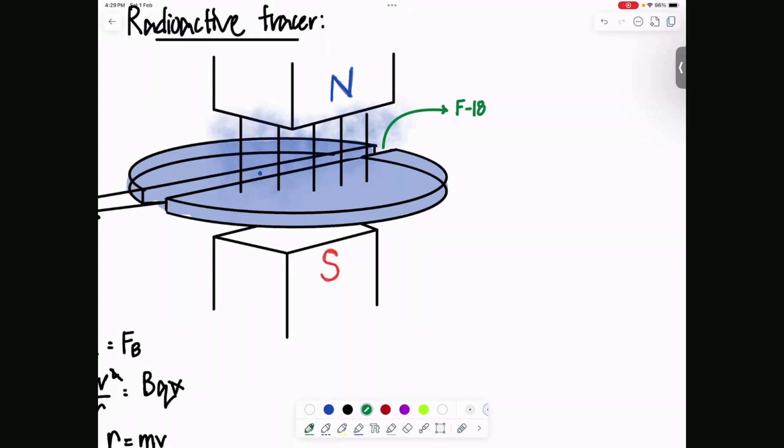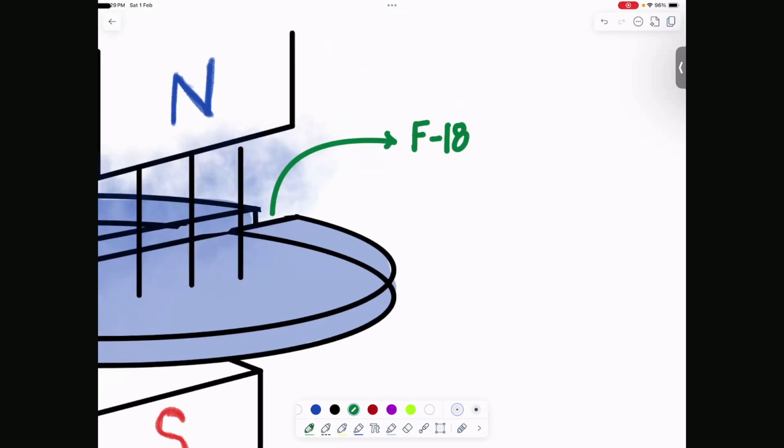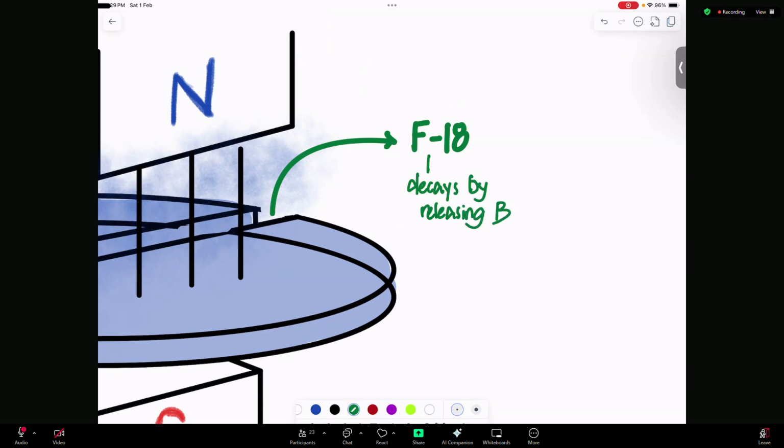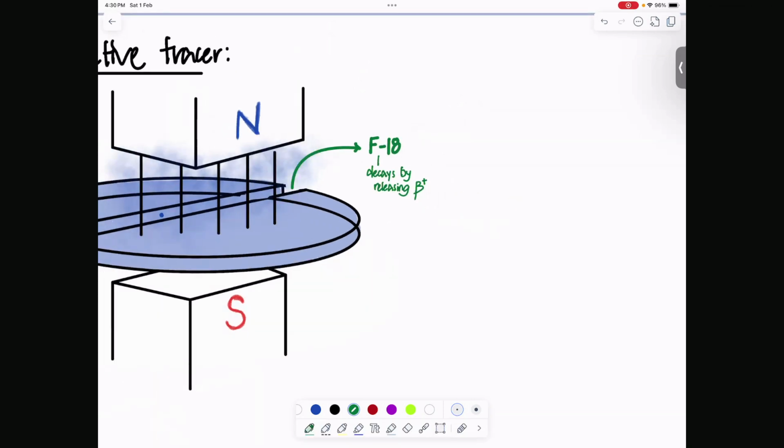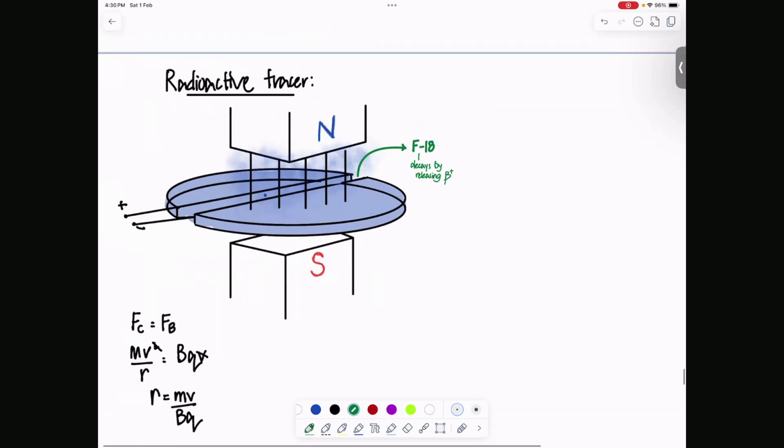And this fluorine 18 is radioactive, and it decays by releasing positrons, so beta plus particles. So this is not naturally found, we have to make it. And for fluorine 18 production you need this thing. It's called a particle accelerator.